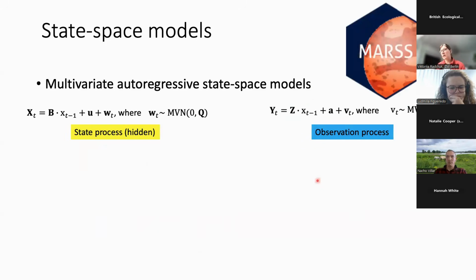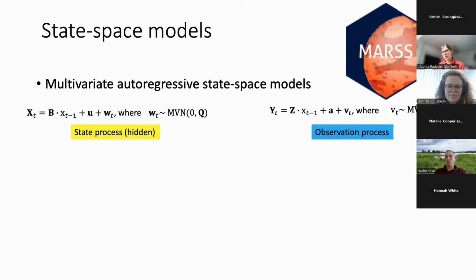And that's the machinery. These multivariate autoregressive state space models are implemented in the MARSS package, and estar relies on MARSS to estimate the B matrix from your community time series data.